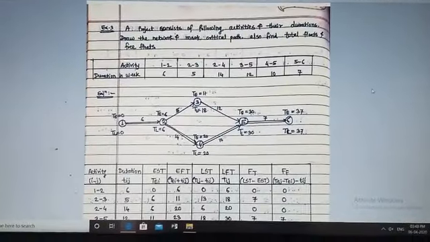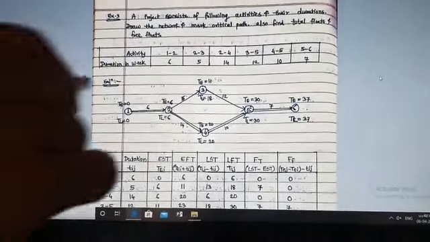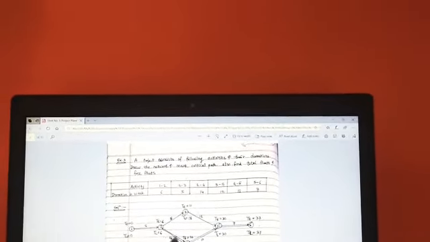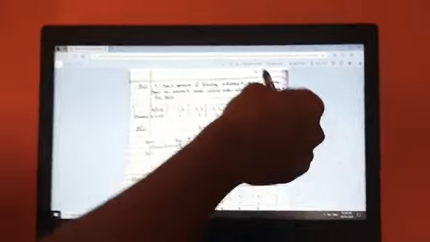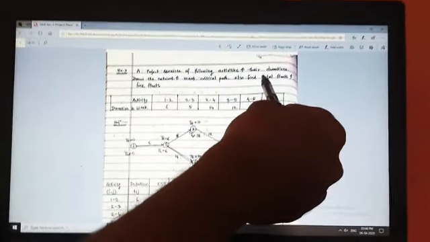For this numerical problem we are asked to draw the network diagram, and after that, by making use of that network diagram, we are supposed to mark the critical path. The extension of this is that we also need to find the total floats and free floats.